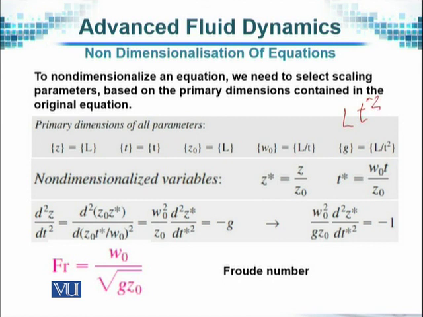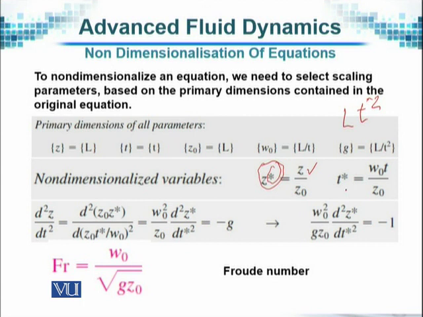And the non-dimensionalized parameters or variables are normally denoted by an asterisk, as you can see here, on top of the alphabet, and that will be equal to the original variable divided by the scaling variable, and the resultant non-dimensional parameter is shown with an asterisk on top of it.